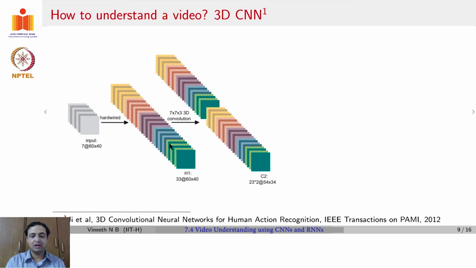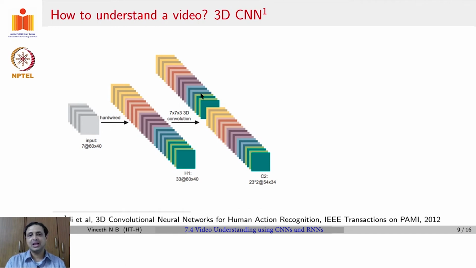You can see these 5 colors, and those 5 colors are also maintained in subsequent layers. So the 3D convolution is within only the yellow region, within only the red region, within only the purple region, so on and so forth. And to get some variety, they also introduced a completely different set of feature maps, a different set of weights, but performing the same operations. You could consider this similar to your AlexNet's 48 feature maps and 48 feature maps in the first layer going to 2 different GPUs.